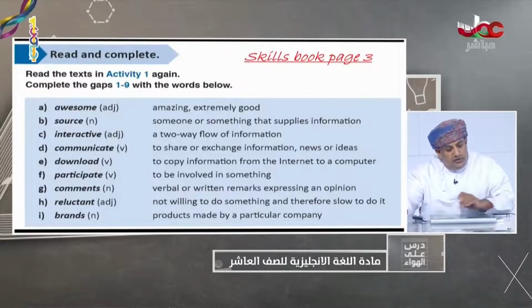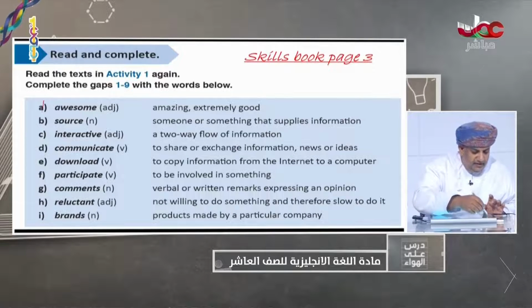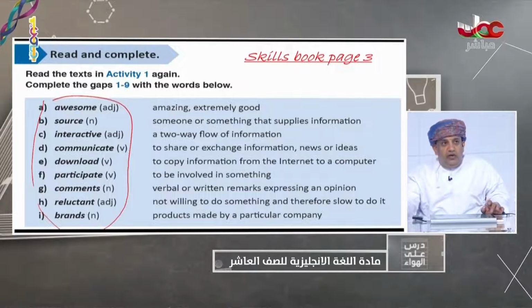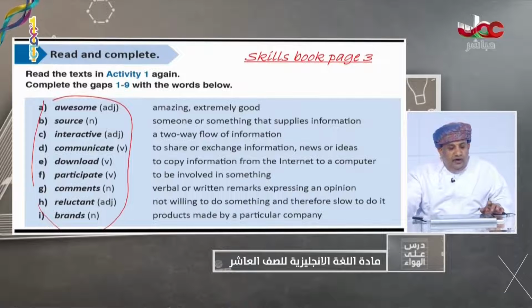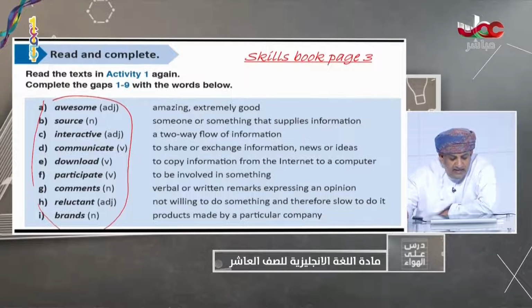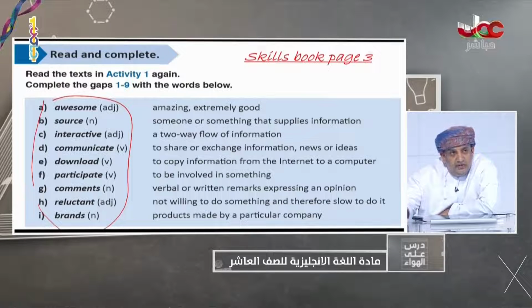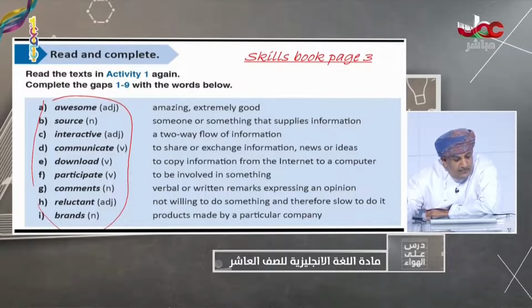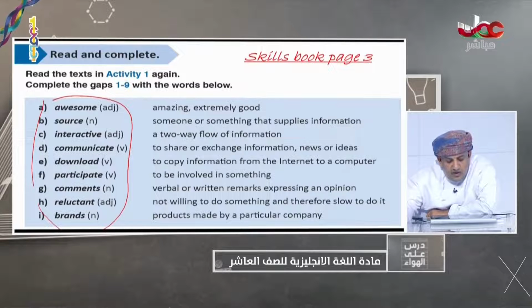We are going to look at the words here on the right, and we are going to use them to complete the sentences. So first of all, we are going to read the words and their meanings. For example, the word awesome means amazing, extremely good. Source means someone or something that supplies information.